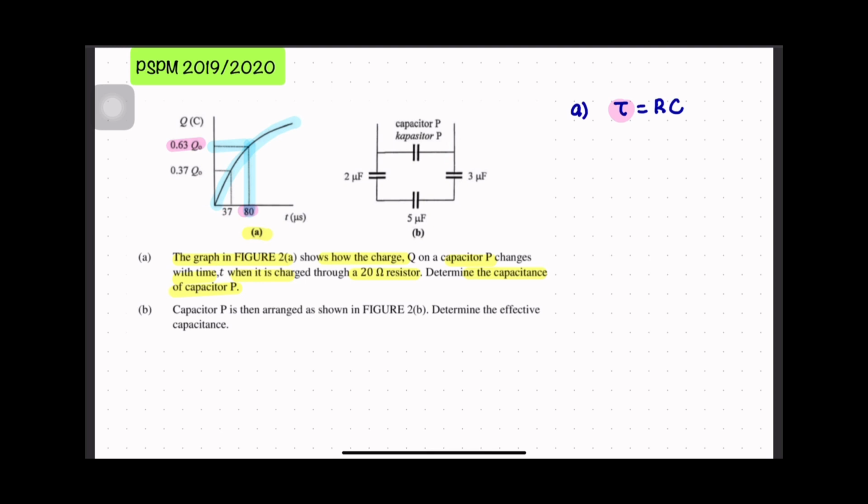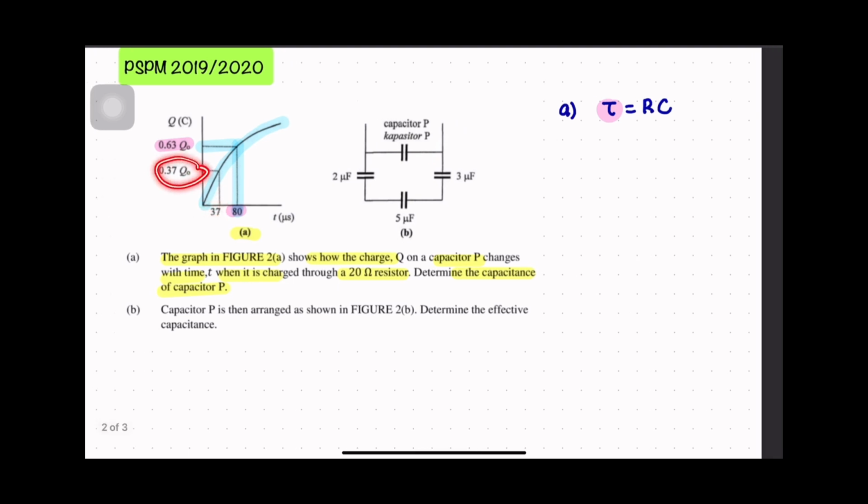Kalau you ambil 37% tak boleh, sebab 0.37 daripada Q0 tu bukan time constant, sebab untuk charging process time constant pada 63%. Kalau discharging process, yes, 37% daripada maximum charge.